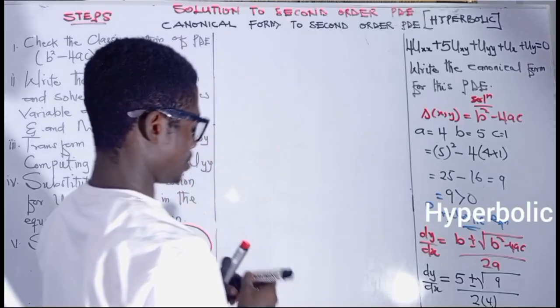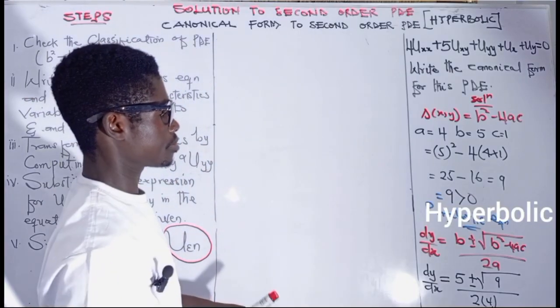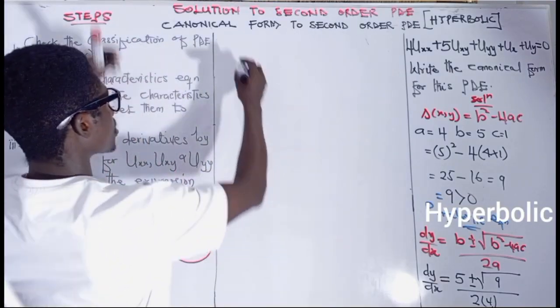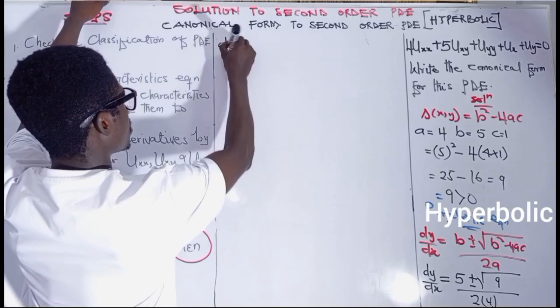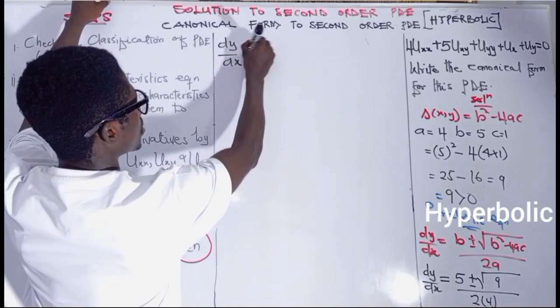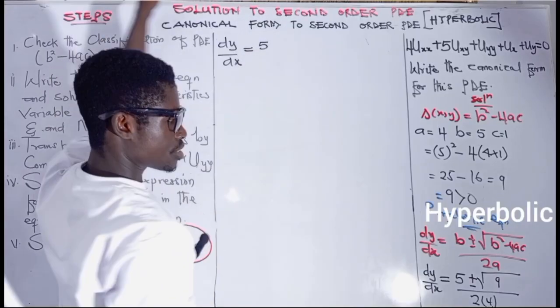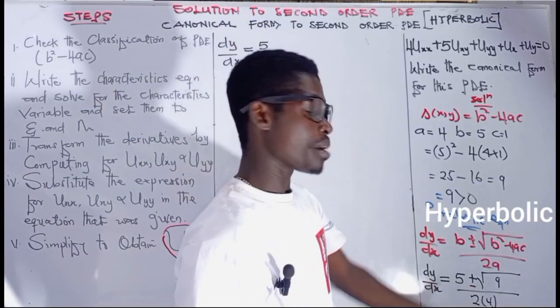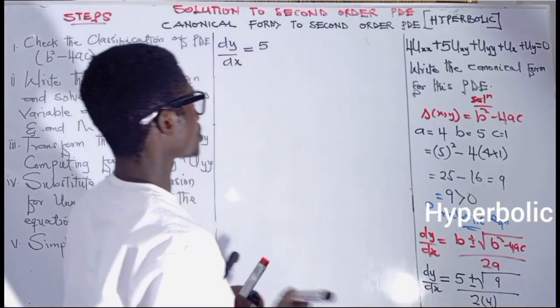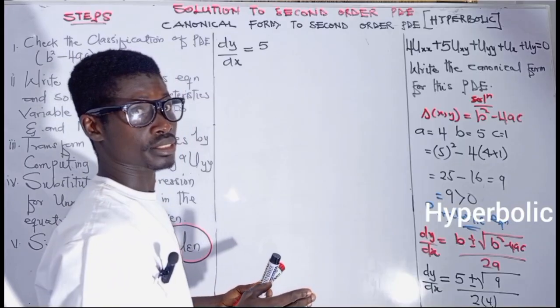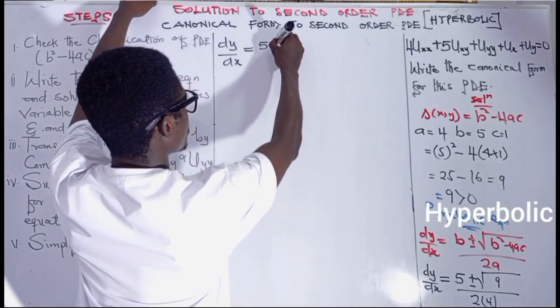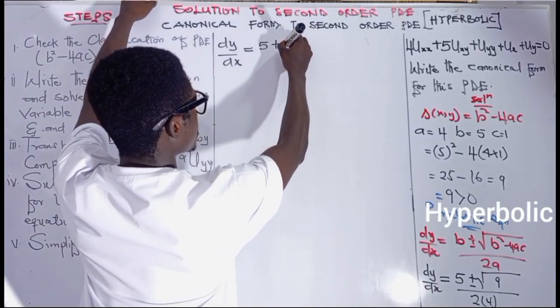Let's continue from here. We have 5. Now since we are having plus or minus, we can split it into 2 because we are going to have 2 solutions. Okay, so let's pick the positive first.